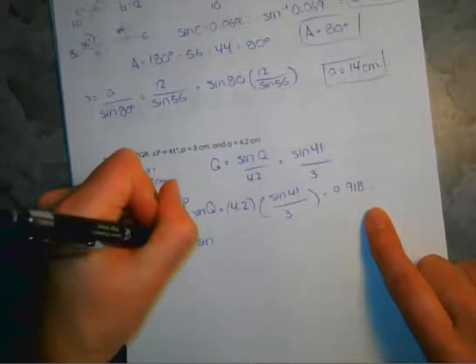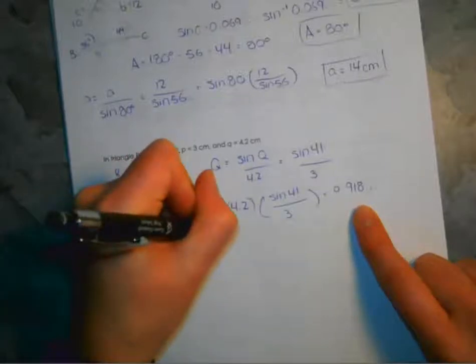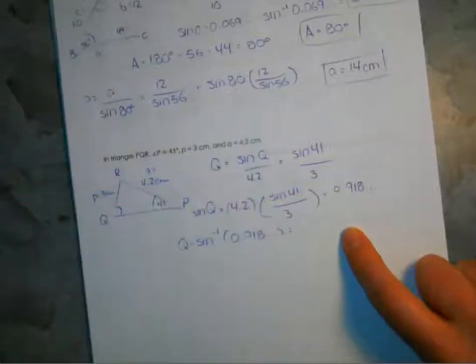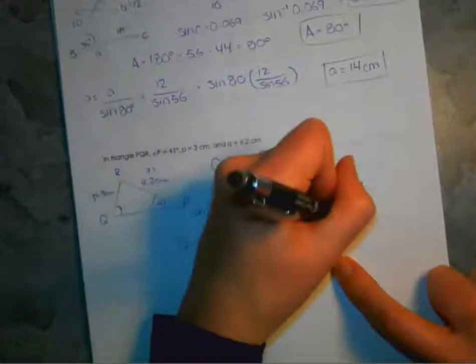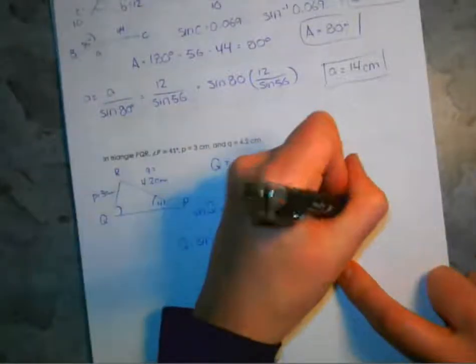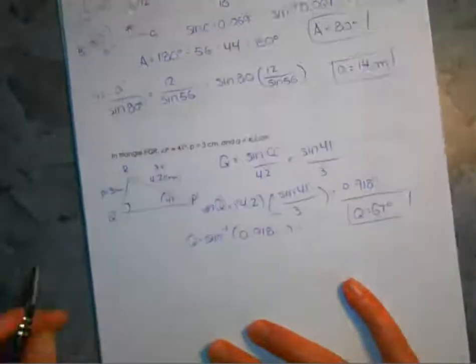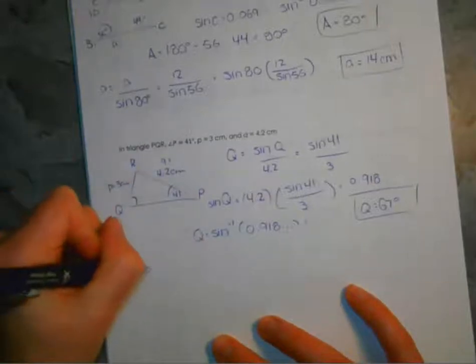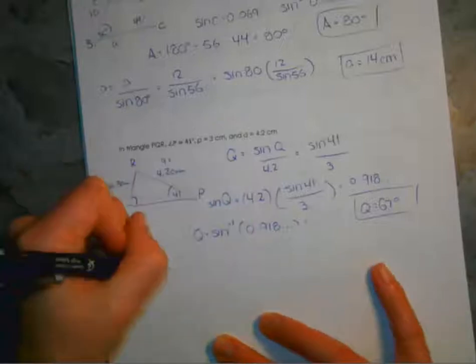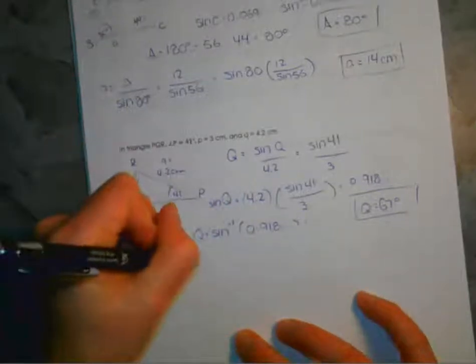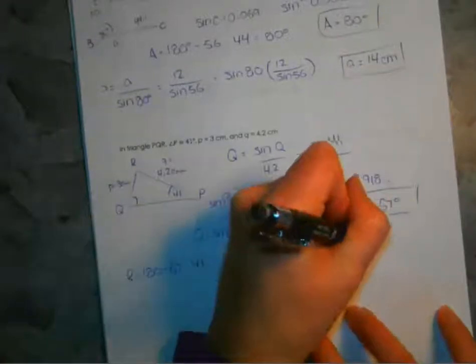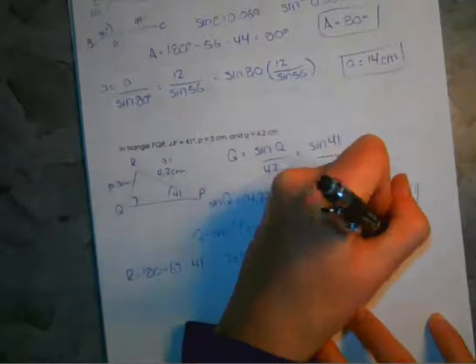So Q is going to be equal to sine minus 1 of 0.918. Okay, and so that will give us Q being equal to 67 degrees. Rounding to a nice whole number so that it'll be easy to do our solution for the next one, which is angle R. So angle R is just going to be 180 minus 67 minus 41, which gives us 72 degrees. So R equals 72 degrees.